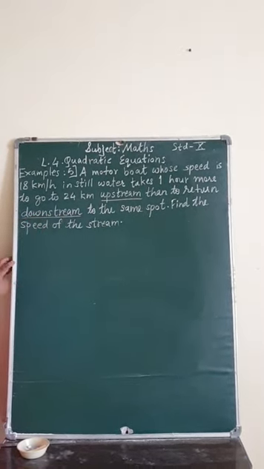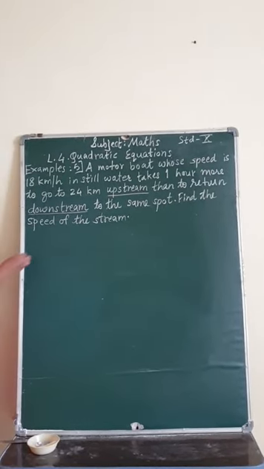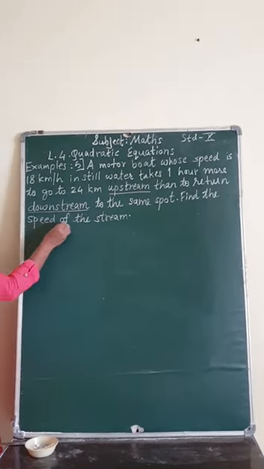Find the speed of the stream. Now, as we read the sum, you should know which variable x, or whatever variable you have to take, is for which quantity. So here it is the speed of the stream we have to find. That's why let the speed of the stream be x.